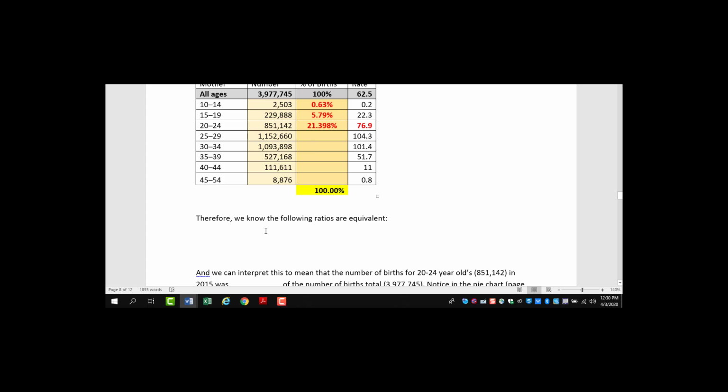Now, therefore we know the following ratios are equivalent. I just want to talk about this for 1 second. Hopefully you know that 1/2 is equal to 2/4 from our work in chapter 2, and this is just reinforcing that. So I'm going to put up the 20 to 24-year-olds over the total.